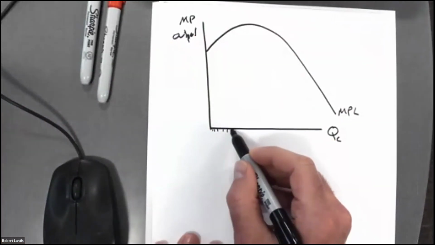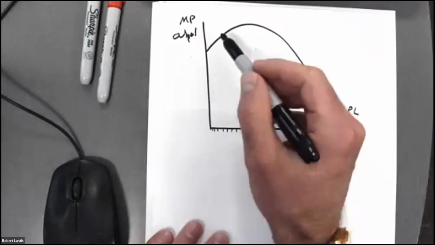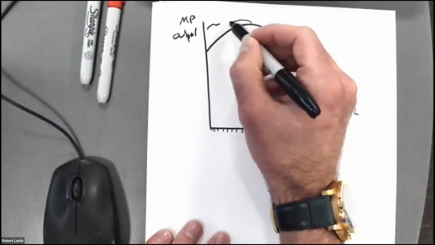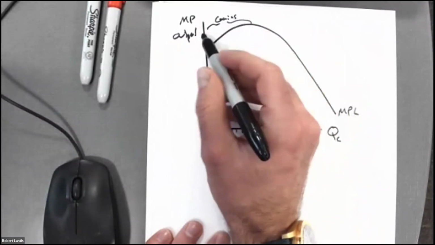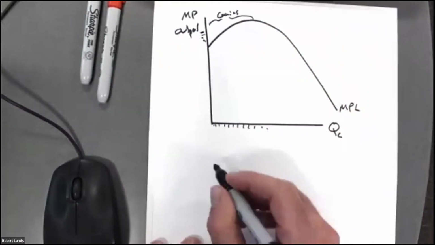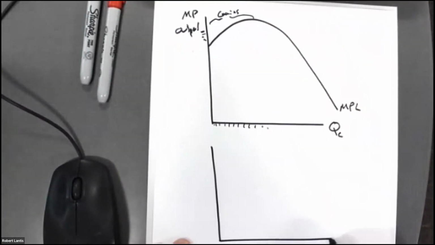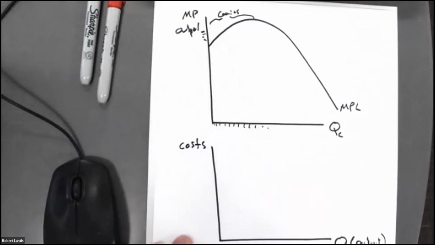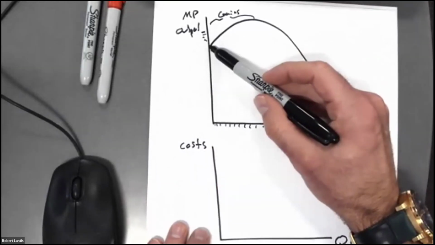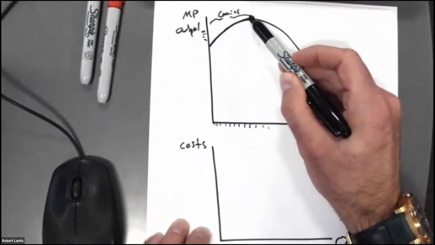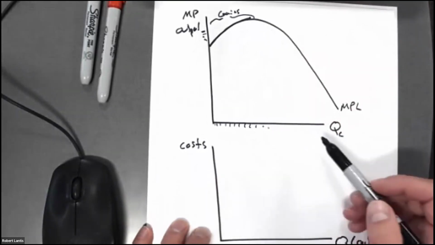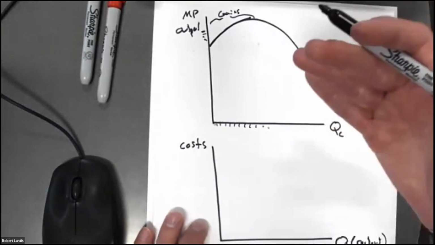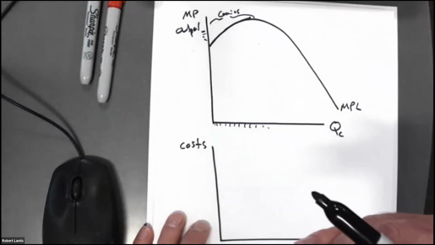For all of these quantities of labor, whenever I've got gains from specialization, if I were to take these output values and then draw out, so this is like output, and I were then to put my costs on the y-axis, anytime I have more productive workers, if I'm paying every worker the same amount, I'm getting more units, but I'm spending the same amount of money.